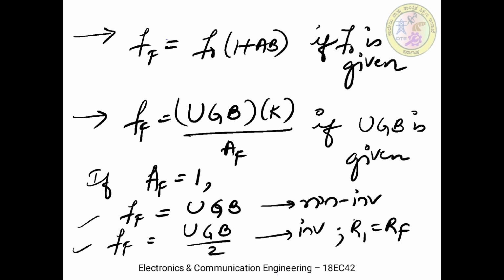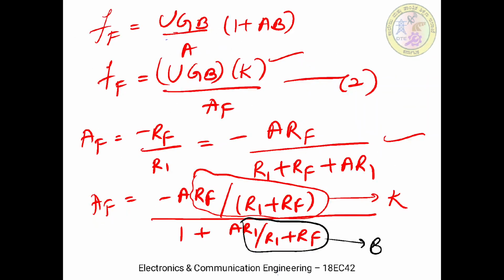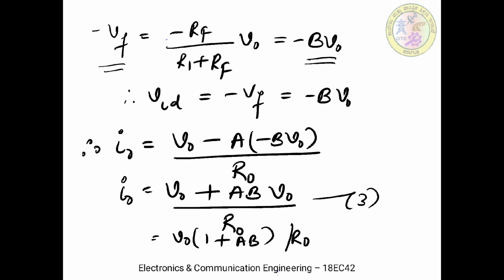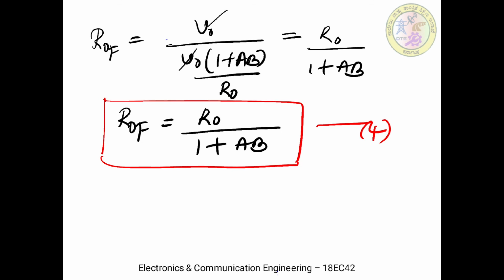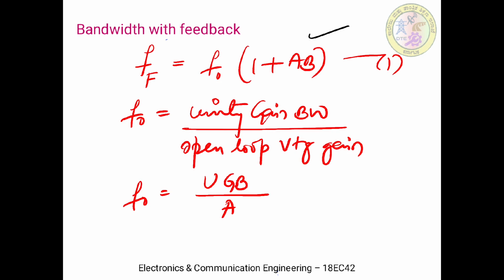So in this session we have discussed how to determine the output resistance in case of inverting configuration. Output resistance ROF is equal to R0 by 1 plus AB. This is one expression, and similarly we have derived two equations to determine the bandwidth in presence of feedback.